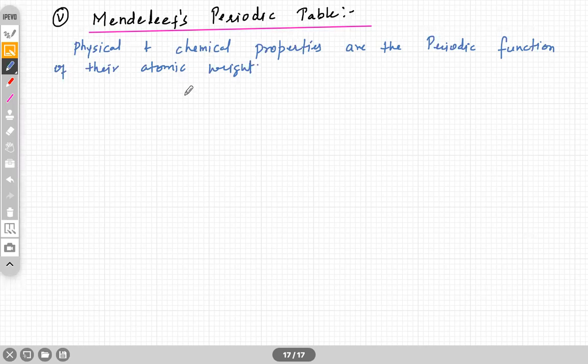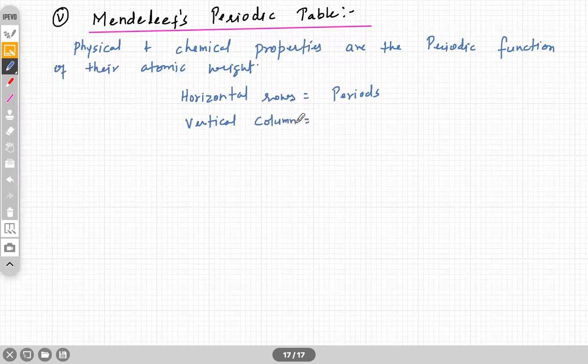Right, so the horizontal rows that he arranged here are called periods, and the vertical columns are called groups.